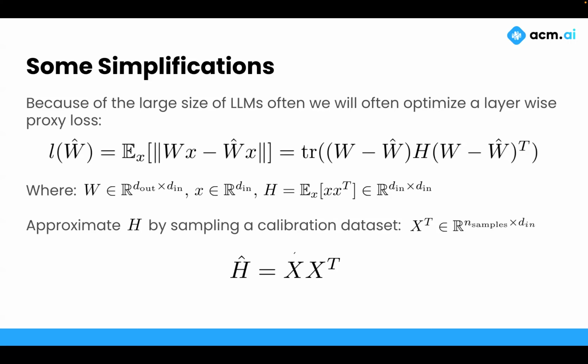And then we can write it out using this sort of a Hessian, which we approximate by sampling a bunch of samples from a calibration data set. For large language models, this is usually like Red Pajama 1 trillion. I'm missing a normalization factor, but that gets lost.